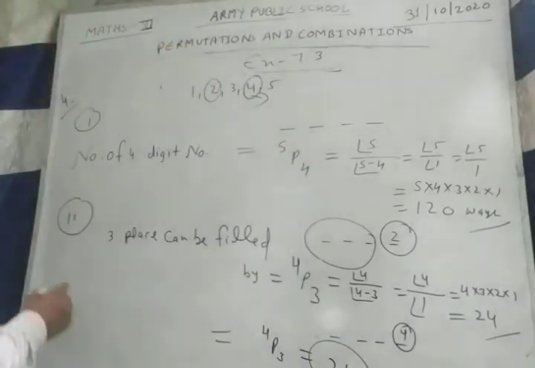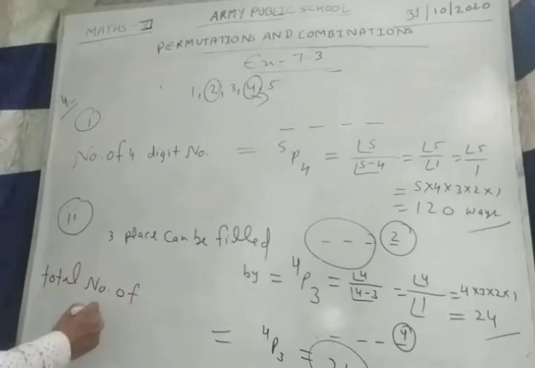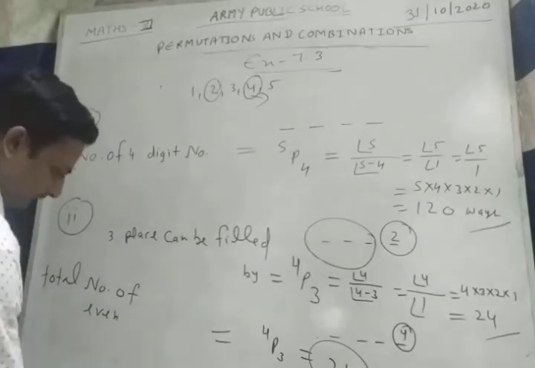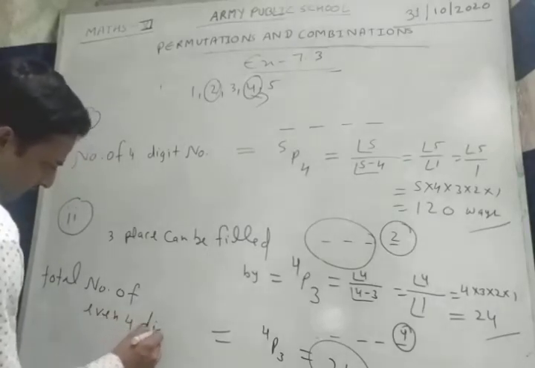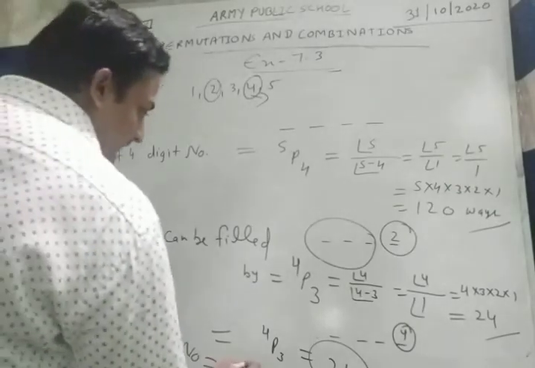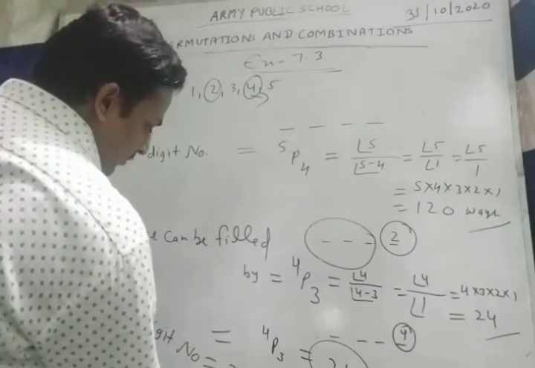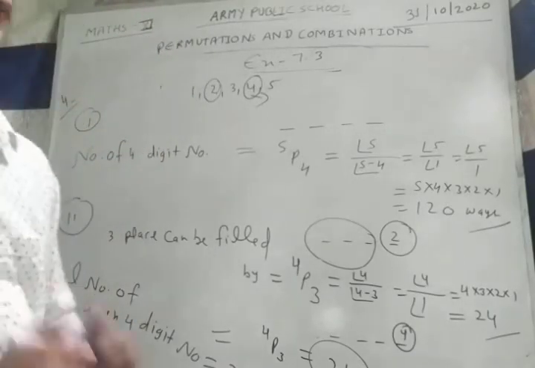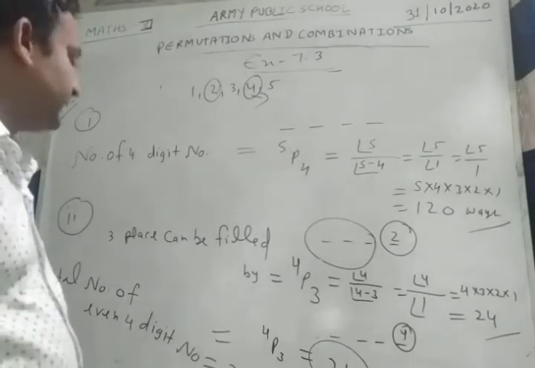So the total number of even 4-digit numbers will be 24 into 2, that is 48.